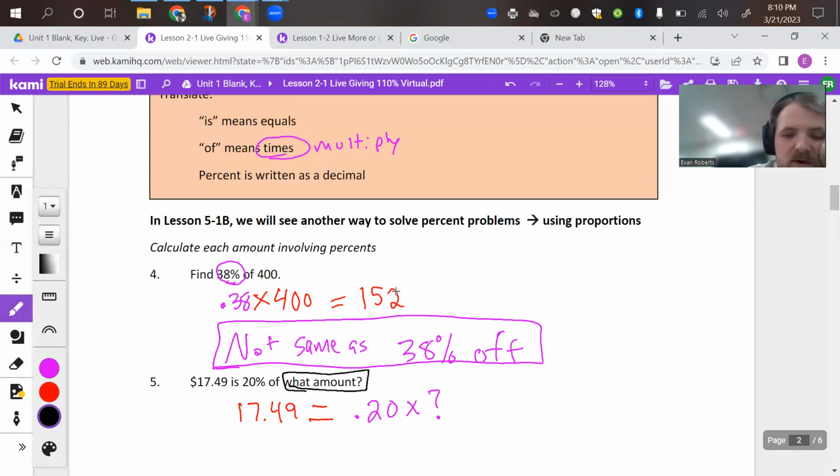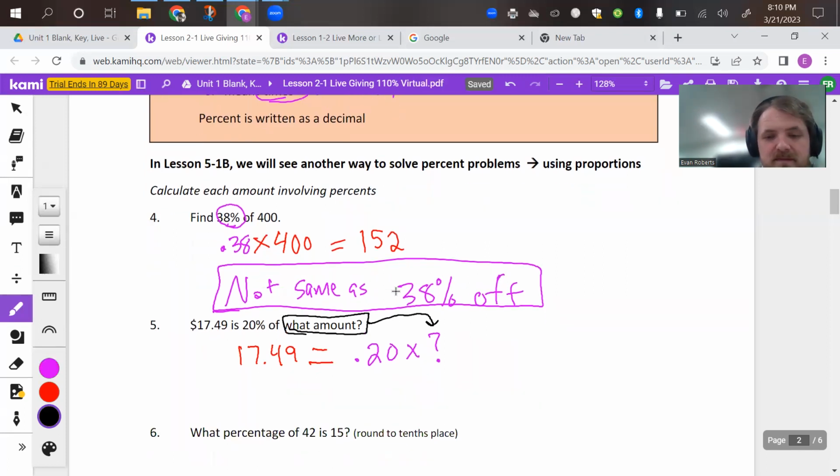So hopefully I'm not going to be too confusing here, but if I'm trying to get that question mark alone, I want to do the opposite of multiplication to both sides, which would be division. So I'm going to divide by 0.2. There might be an easier way to do this, and feel free to unmute yourself and tell me the easier way. But this is kind of how I do it. Hopefully it's not too complicated, but just doing the same thing to both sides, giving you 87.45.